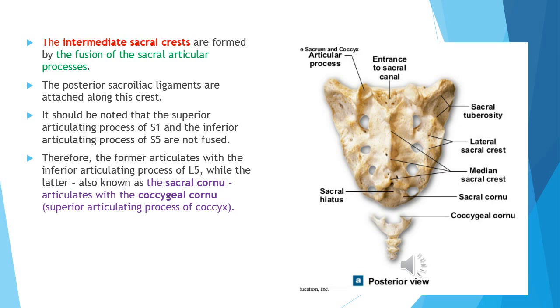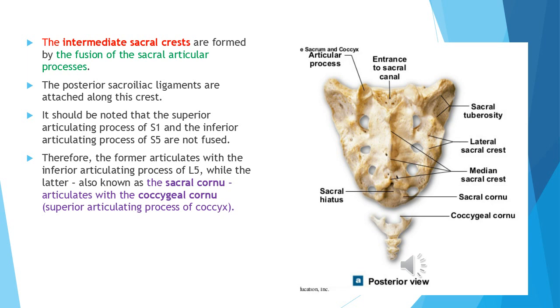Inferior articular process of S5 is not fused. Superior articular process of the first sacral vertebra is also not fused. Therefore, the superior articular process of the first sacral vertebra is going to articulate with the vertebra above, that means the L5 vertebra.